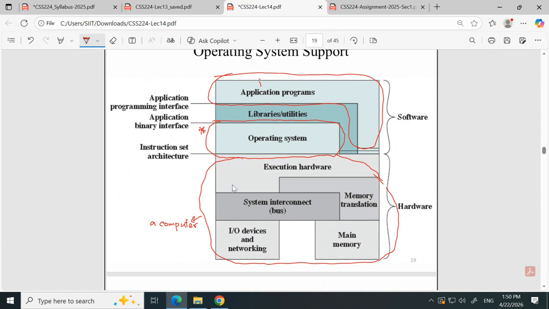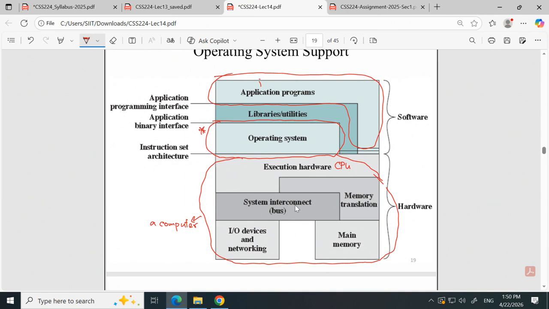Below is the computer. The 5 basic components are in this block. You see that? What is it? Execution hardware, CPU. Okay, CPU is here.